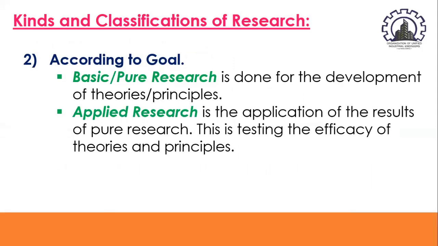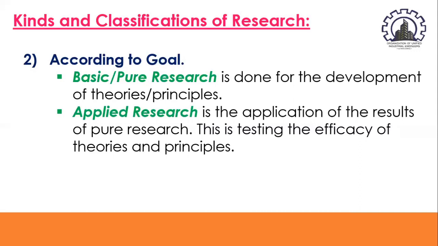Basic or pure research is done for the development of theories and principles. It is conducted for the intellectual pleasure of learning. Much of this kind of research has been done in psychology and sociology.